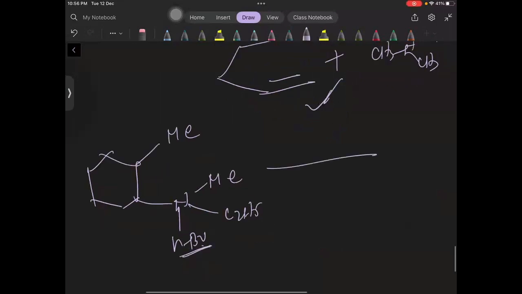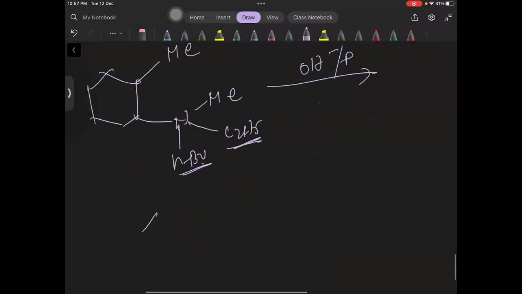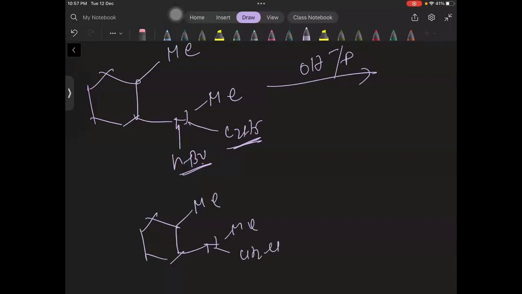So first you think, OH minus we have taken, and heat, what will happen? Students, see, we elaborate this compound. This is the compound, methyl and methyl, CH2 CH3, butyl. Okay. So now OH minus we have taken.